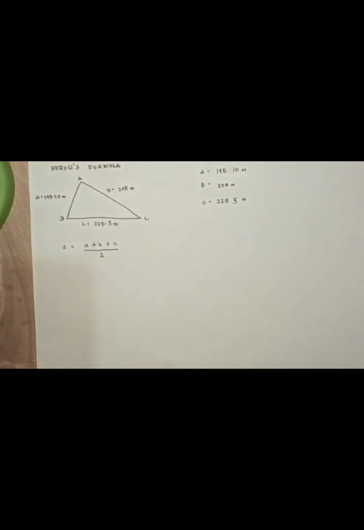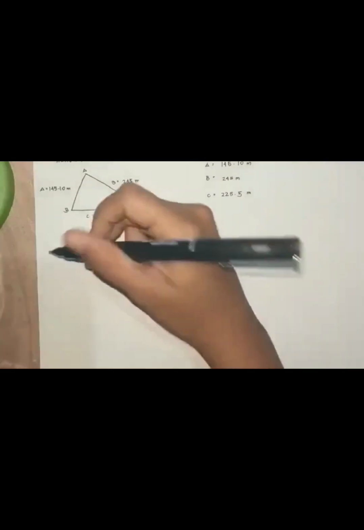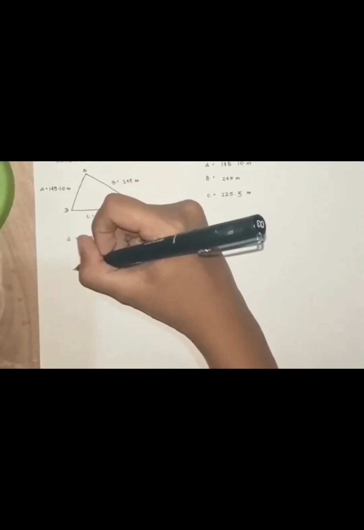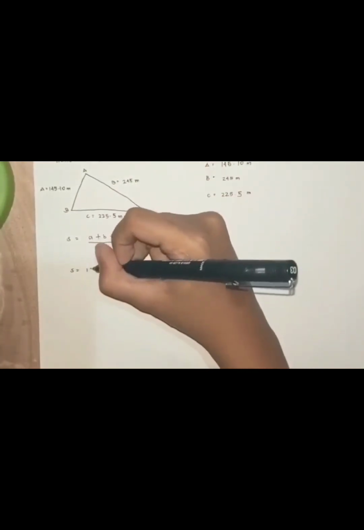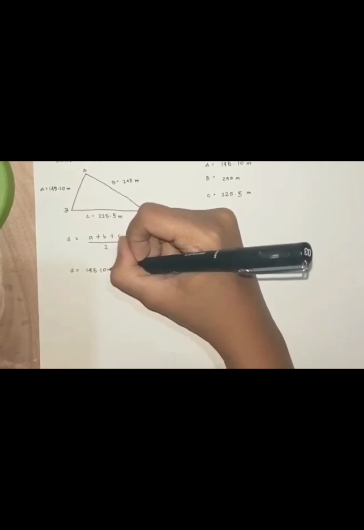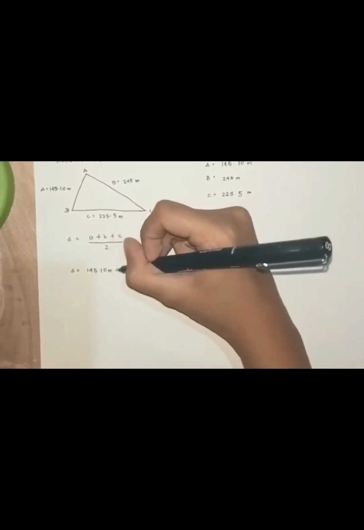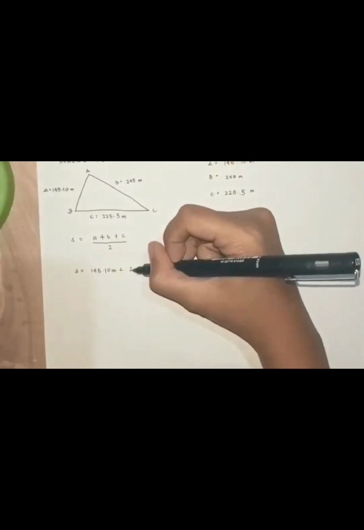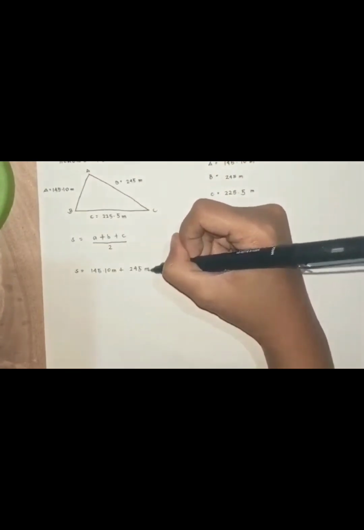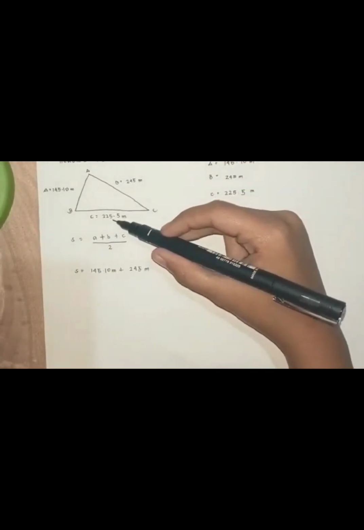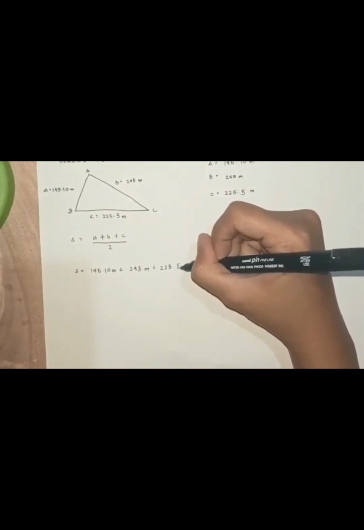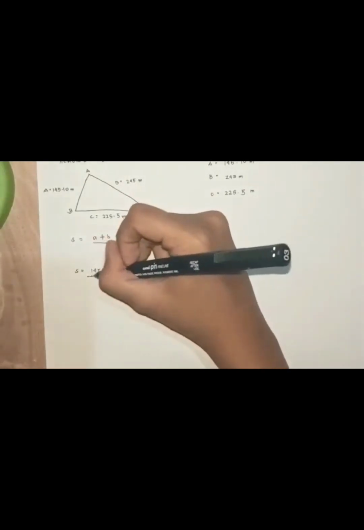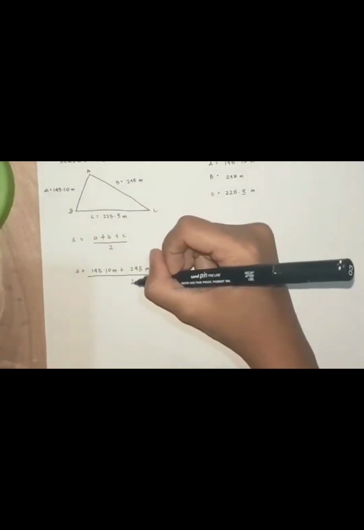Using this formula, we will get the value of S. First we write the S. The value of A, we have 145.10 meter plus 245 meter, and then the value of C is 225.5 meter over 2.